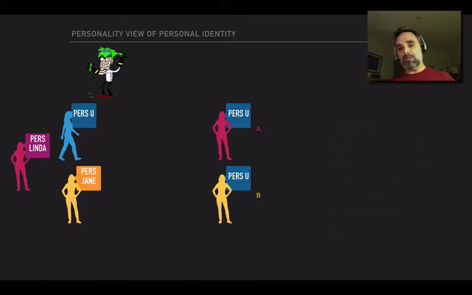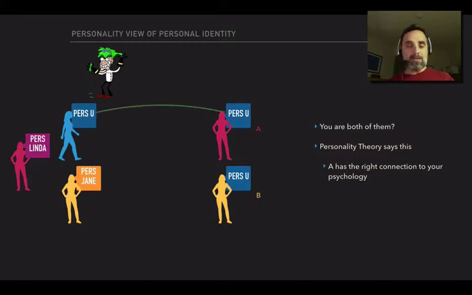Let's consider first the possibility that you're both of them. This is what the personality theory actually has to say. A has the right connection to your psychology. Person A later and you before the switch have exactly the same personality, and therefore, according to the personality theory, you're the same person.